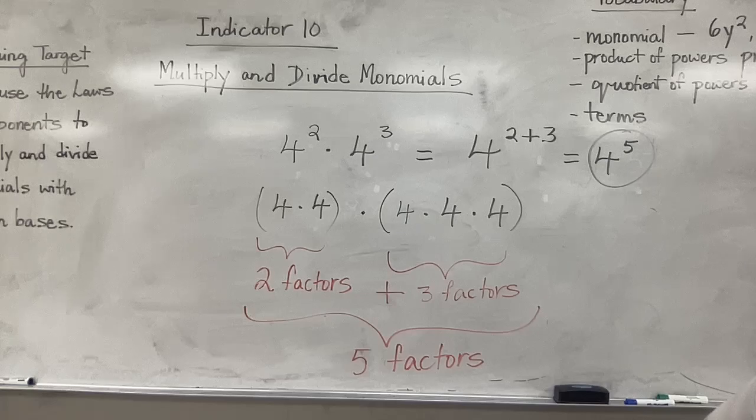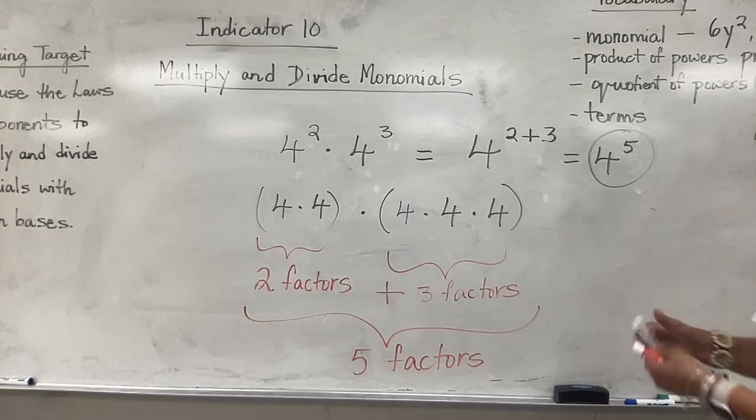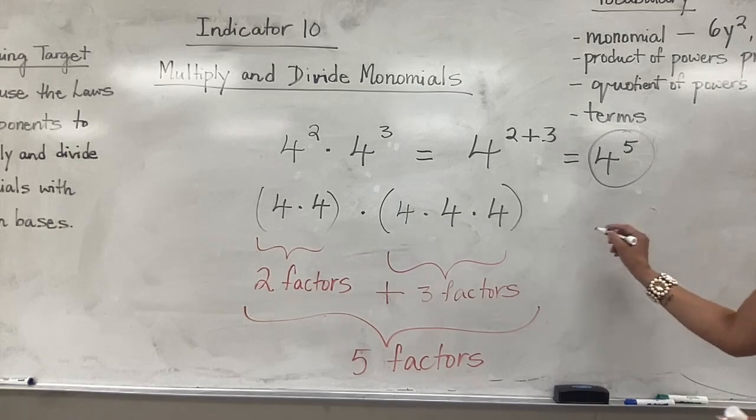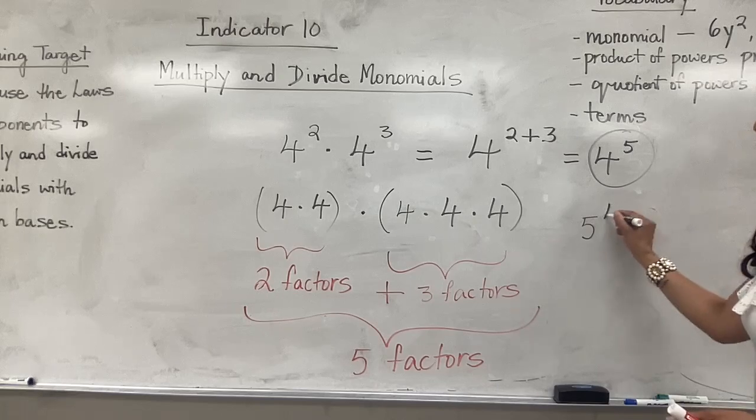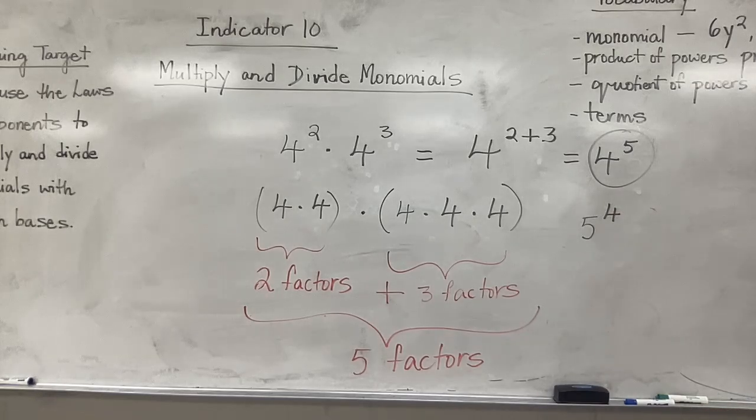All right, so let's do a quick example. Let's say I give you 5 to the 4th power, okay, times 5. So in this case, we are going to look at the product of powers property to help us simplify this.